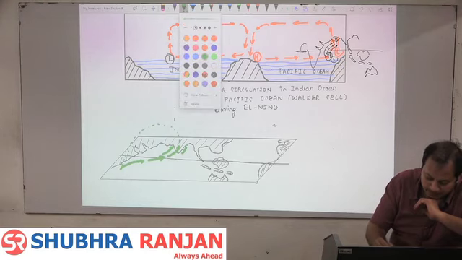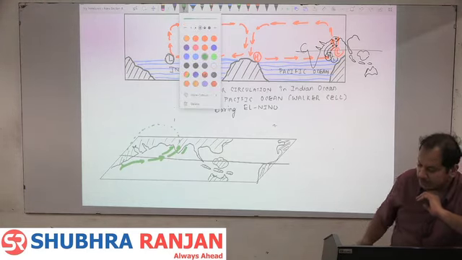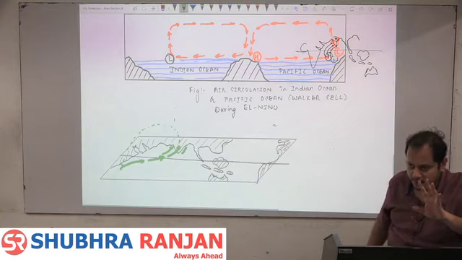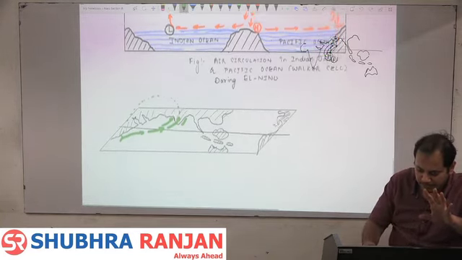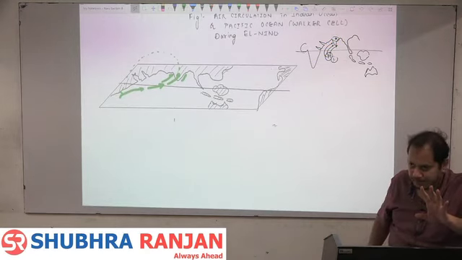Imagine, this map is only for the concept. Imagine the green color lines are Somali jet stream. It is bringing good monsoon over India.